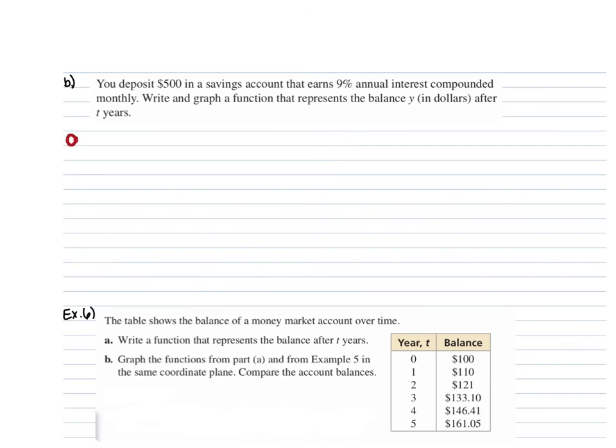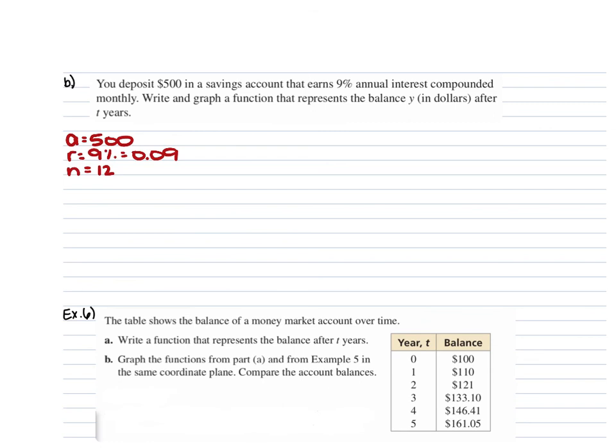P is our starting amount, which in this case is the $500 we deposit, so we start with 500. Our rate is 9%, which gives us a decimal of 0.09. Then our n is the number of times it's compounded yearly. It's compounded monthly, so how many months are in a year? 12, so n is 12.